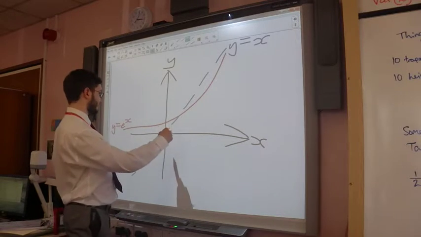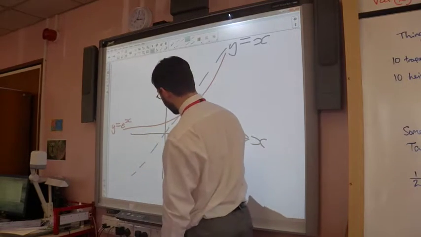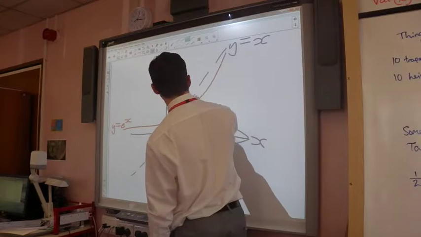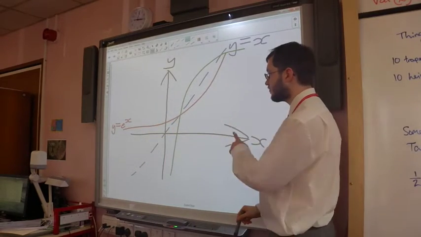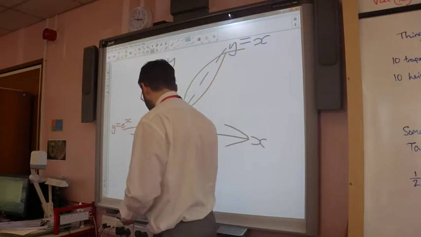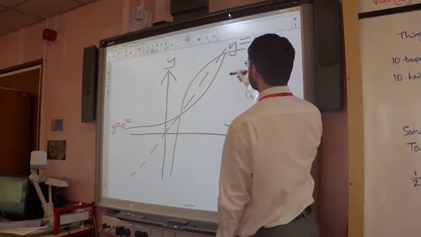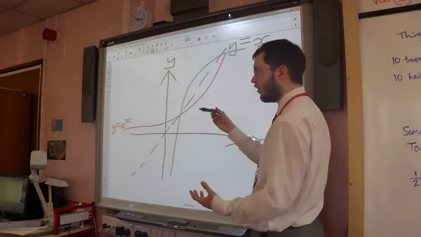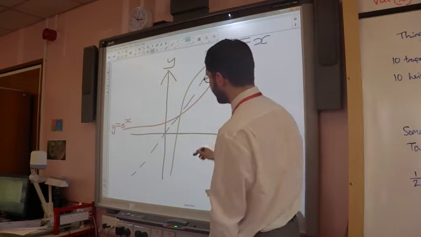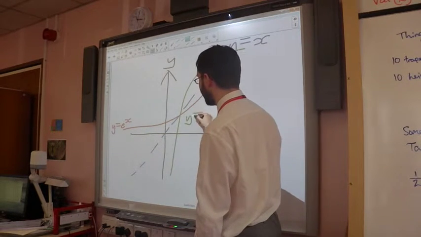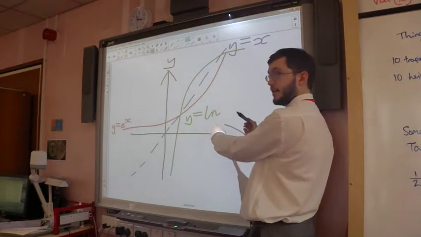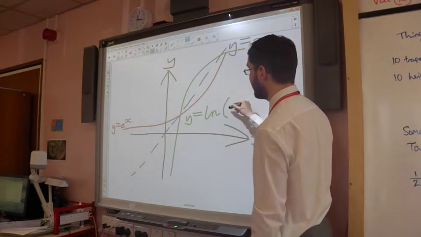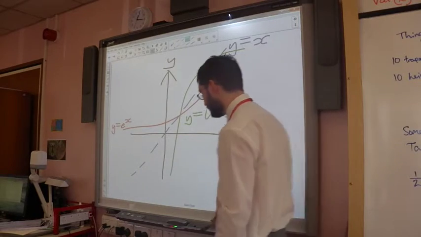So, now we've got something that looks a bit like that. This is called the natural log of x. Okay, so this green line is y equals the natural log of x.